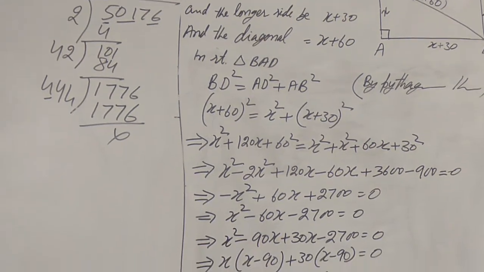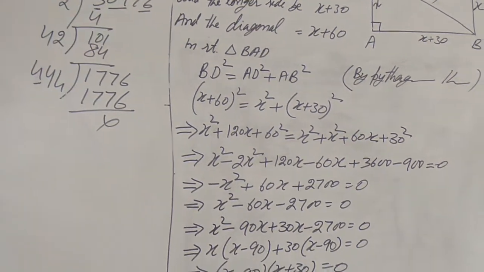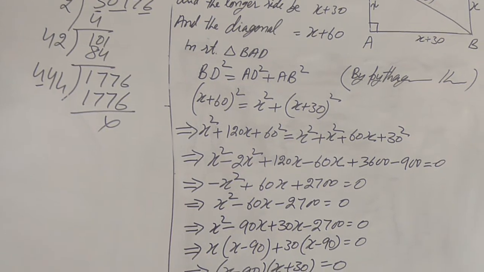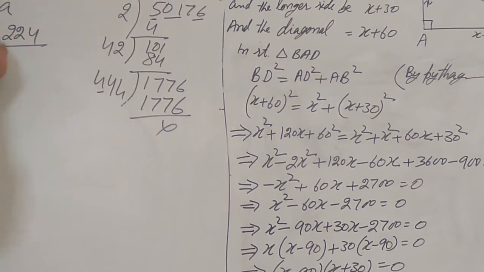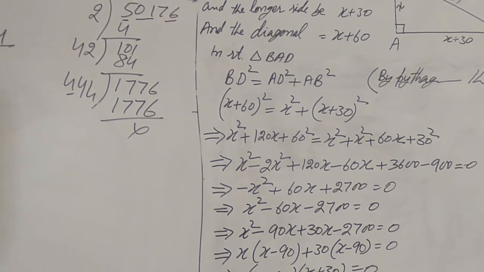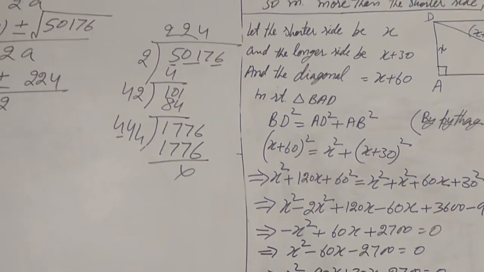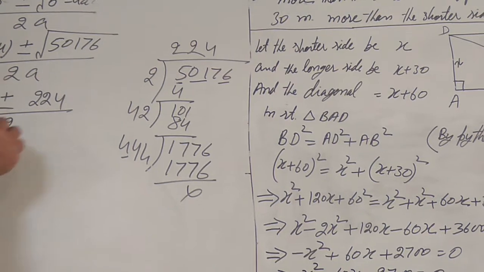So your square root is 224 upon 2 into A. A is how much? A is 1.